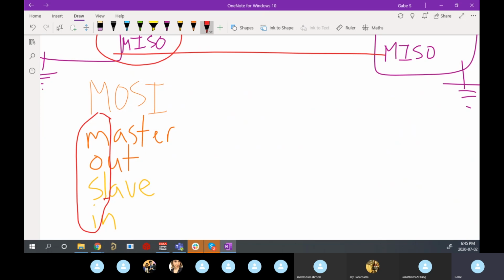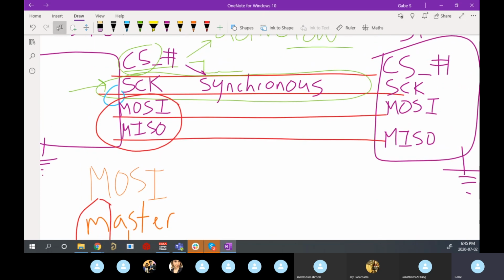So basically this tells you, no matter who it's referenced to, you don't have to think about if it's coming out of the master or the slave, you know this line is always leaving the master and entering the slave. And so this is the transmission line from the master. So this means that data is leaving from the master, master out, and going into the slave, slave in. Now you can imagine MISO is very similar.